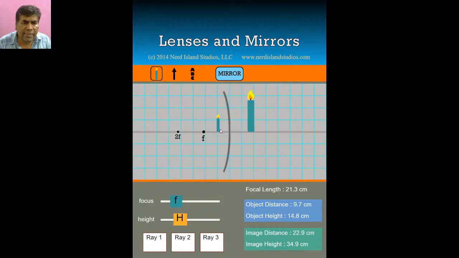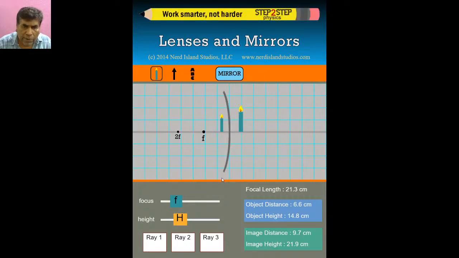Okay, children, like this, based on the location of the object, the image position will change, which we are going to learn in depth in the next concept. Suppose instead of a concave mirror, I take a convex mirror.